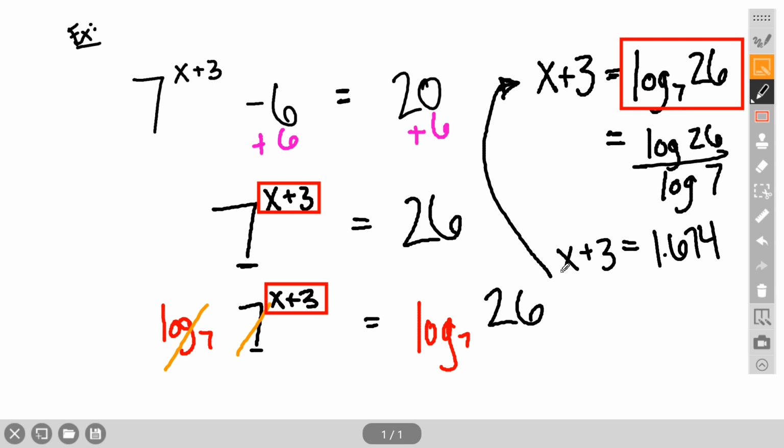Now we are almost solved here because the x is so close to being by itself. We've just got one step remaining and then we would be finished. So if we're at x plus 3 equals 1.674, what is the last step here to get x?